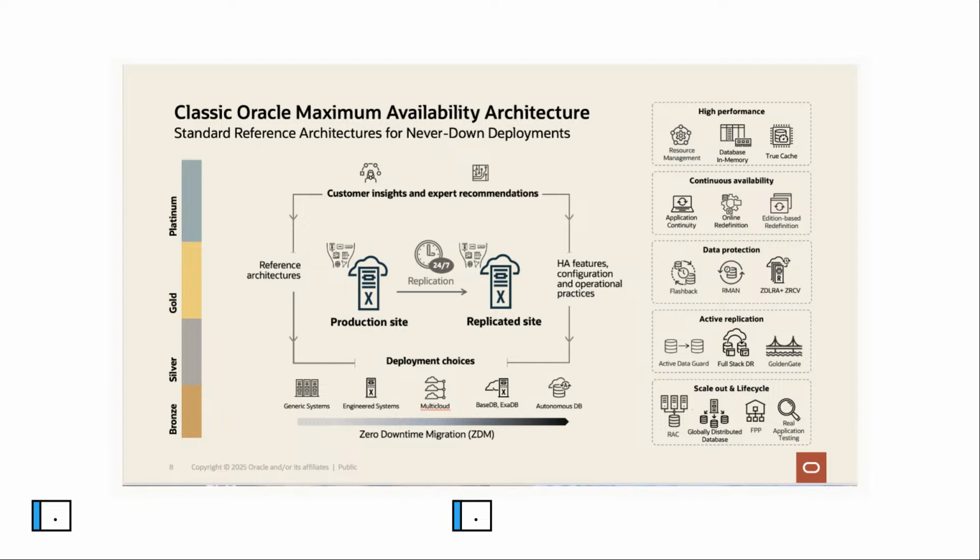So, MAA, Maximum Availability Architecture, it's not a product, it's not a service, it's a framework that we have available, created by taking the knowledge from customers, internal metadata from Oracle support, and specialists around the world.